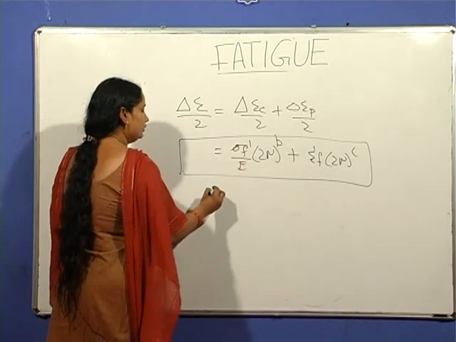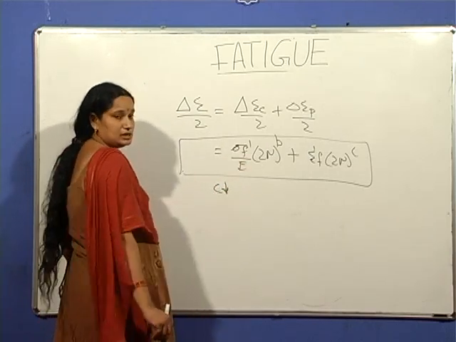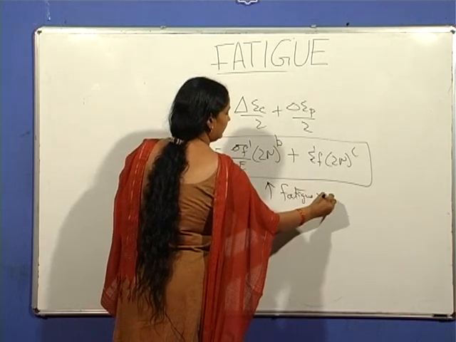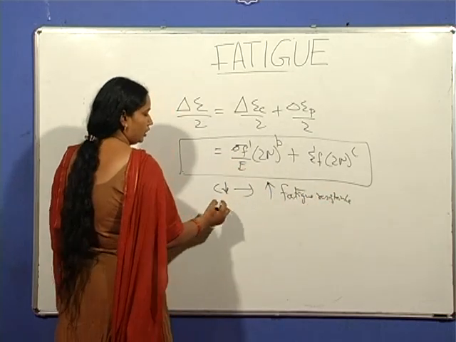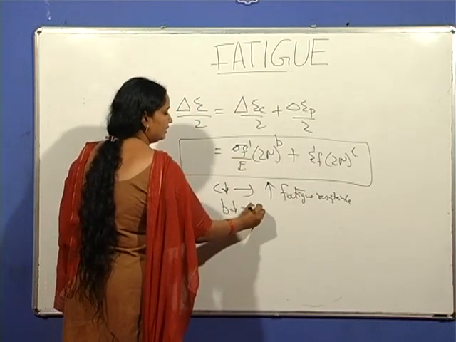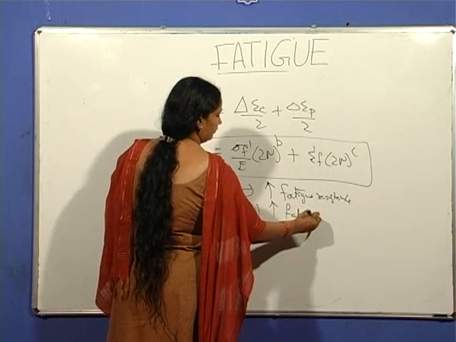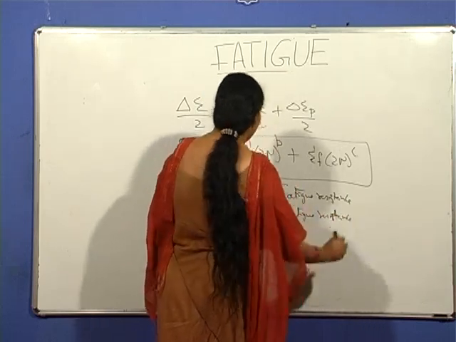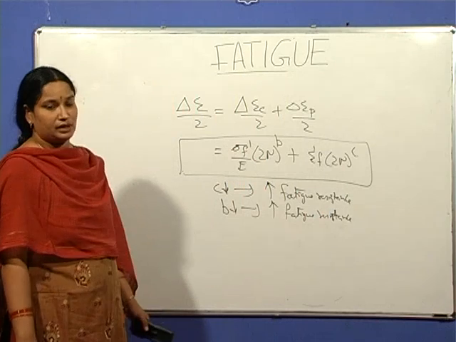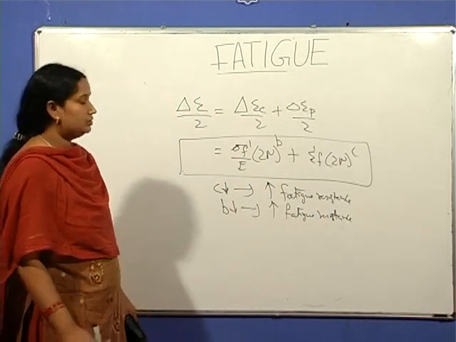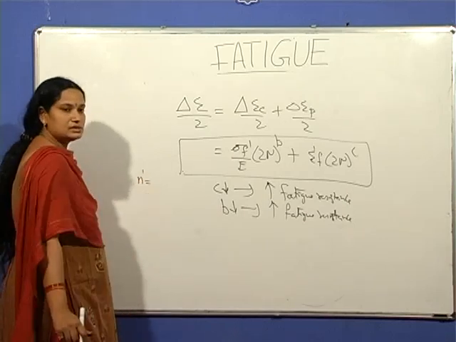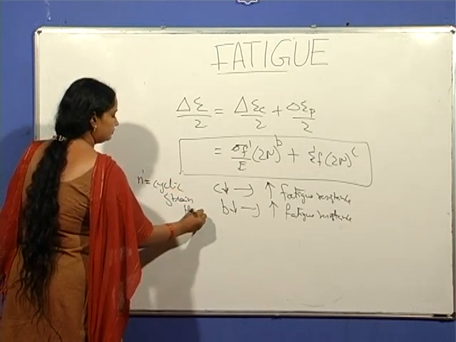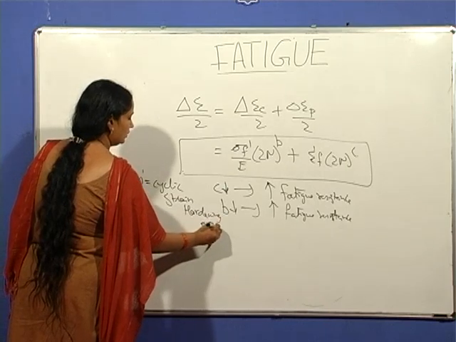A smaller value of c results in an increase in fatigue resistance, an increase in fatigue life, and a smaller value of b also results in higher fatigue life. b and c are related to n prime, which is known as the cyclic strain hardening exponent.